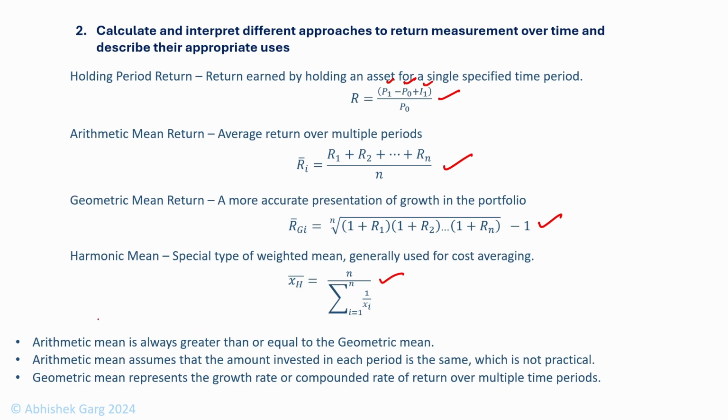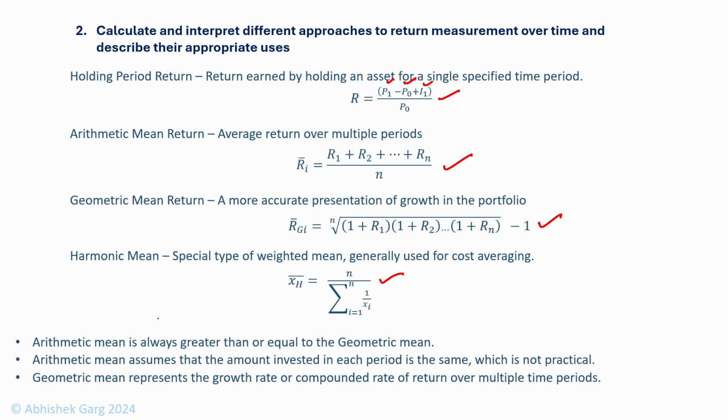Arithmetic mean, there are some particular points that you need to remember. The first is arithmetic mean is always greater than or equal to the geometric mean. The arithmetic mean assumes that the amount invested in each period is the same, and this is not a practical assumption because suppose you have got a $1,000 portfolio and you earn a 5% return on that particular portfolio for the first month.